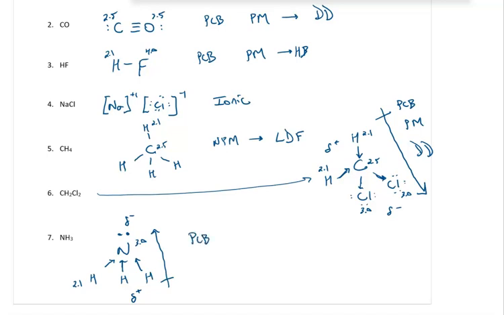These have polar covalent bonds. It's a polar molecule. And then I asked myself, does it have a hydrogen bonded to an F, an O, or an N? And it does. So this one would have hydrogen bonding, where the hydrogen of one of these molecules would be attracted to the nitrogen of a different ammonia molecule.